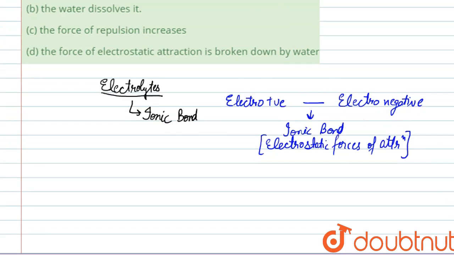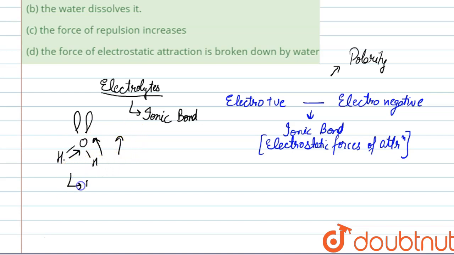Now if we know that one is the electropositive and other is the electronegative, then it means there must be polarity in ionic bond. And if we discuss the structure of water, the structure of water is also like this, and electronegativity of oxygen is greater, so the net dipole moment will be in this direction.